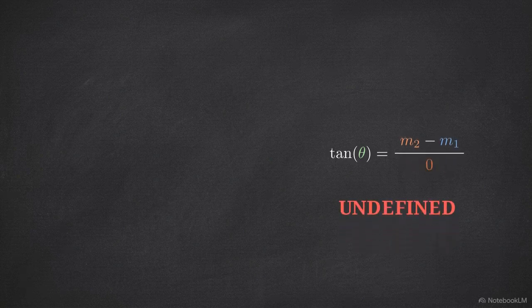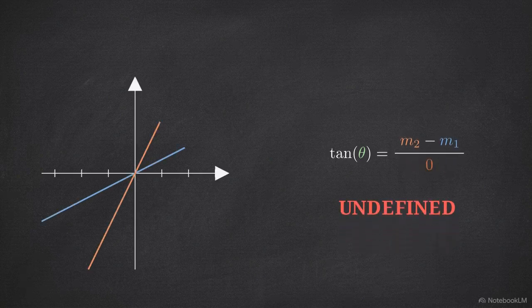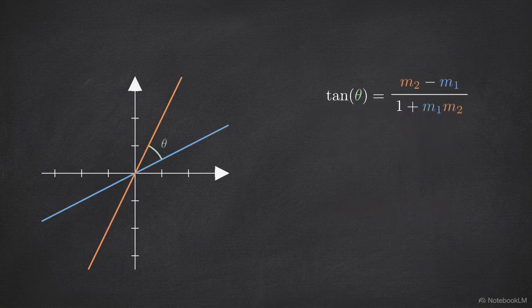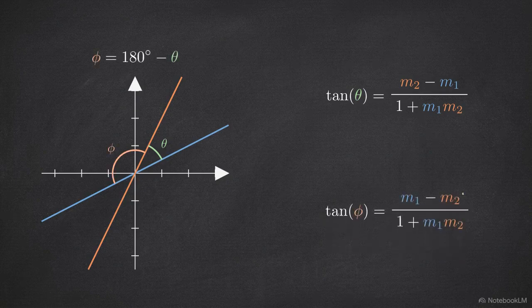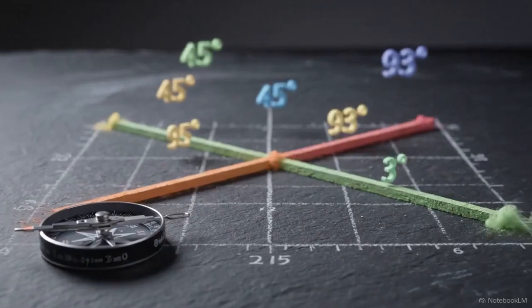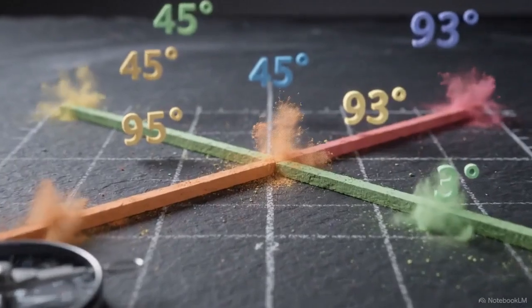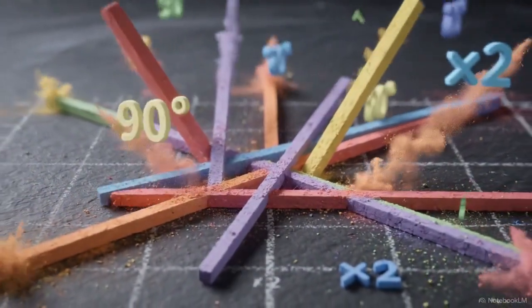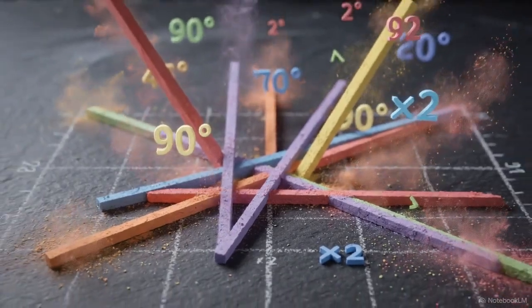The denominator would become 0, making the tangent undefined, which perfectly aligns with the 90-degree rule we established earlier. And because any intersection creates an adjacent supplementary angle, calculating it simply negates the numerator, swapping it to m1 minus m2. By including two slope variables into this master equation, we mathematically calculate the exact angular reality of any line intersection in a 2D plane.